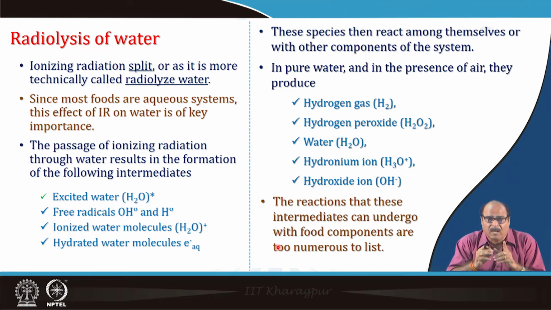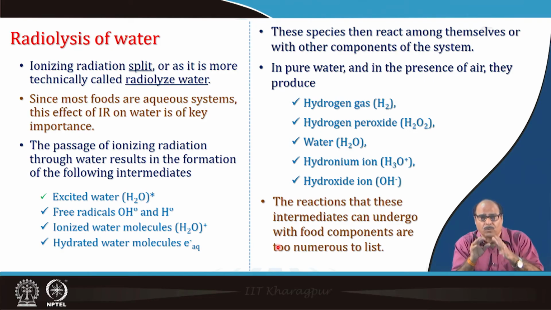Okay. The passage of ionizing radiation through water results in the formation of various intermediates like excited water, free radicals, ionized water molecules or hydrated water molecules. So, these free radical intermediates then react among themselves or with other components of the food system.